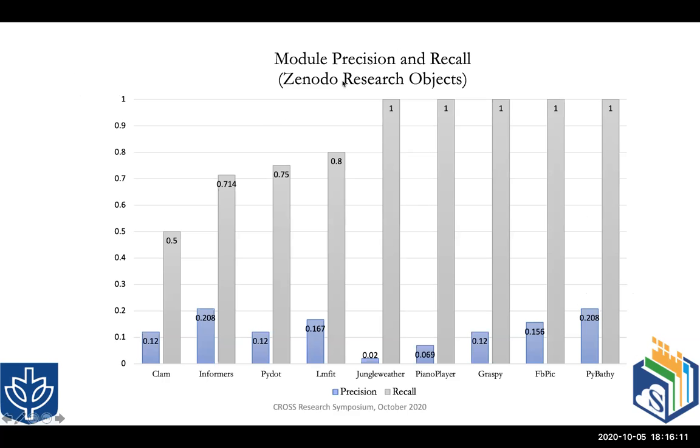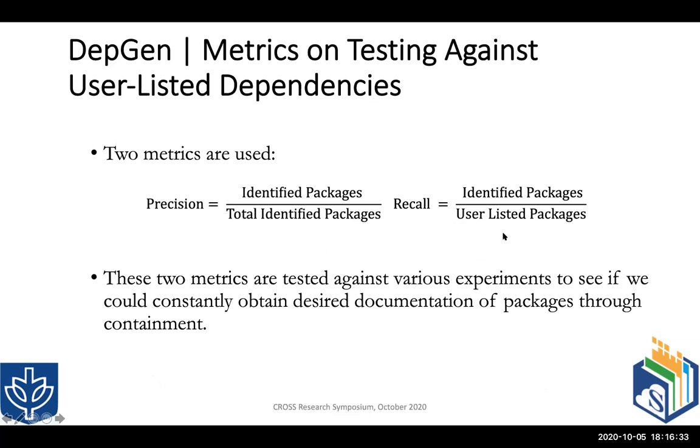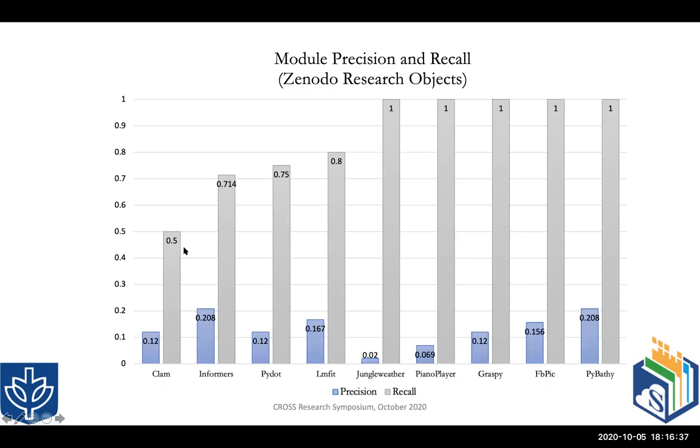So here is a result from Zenodo research objects. These are all scientific use cases. In this paper, we have the GitHub links and the Zenodo links to all of these projects. As you can see, the precision is not one. Not all the user listed packages are identified, as the identified packages are fewer. So the user is often overquoting the number of packages.